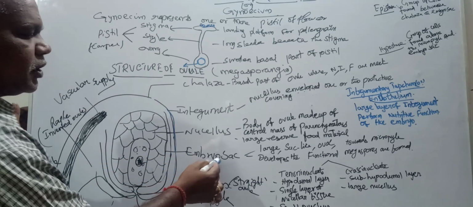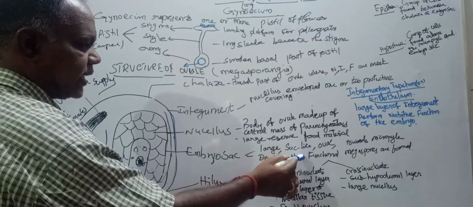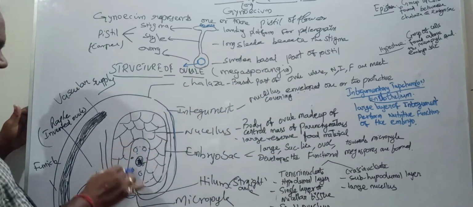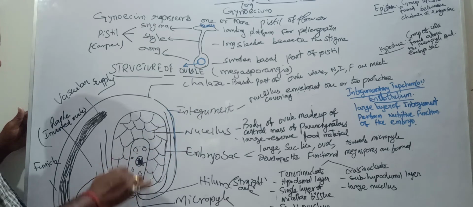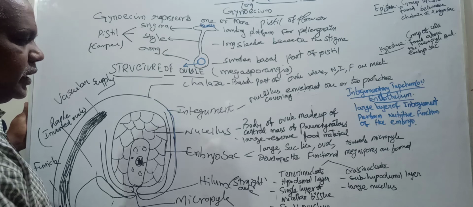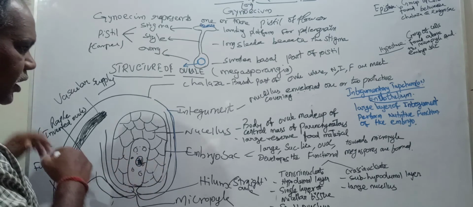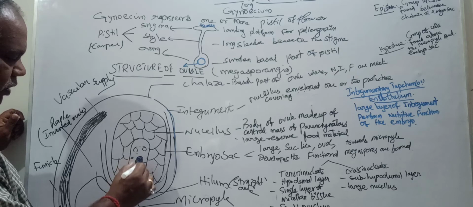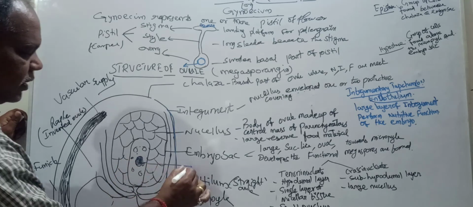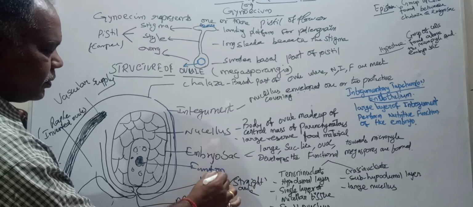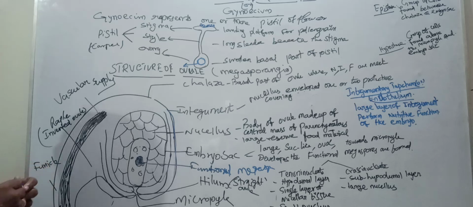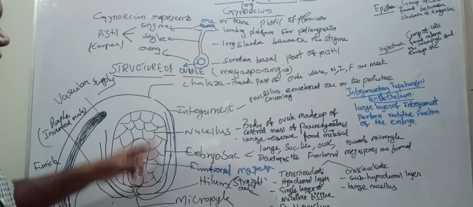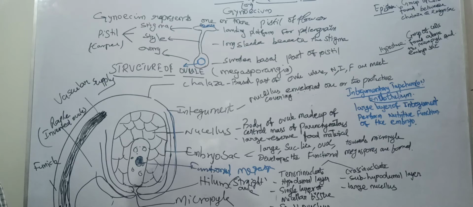What is the embryo sac? The embryo sac is a large sac-like structure in the ovule. Towards the micropylar end, the functional megaspore is formed. Only one megaspore is functional. The other end is the chalazal end. At the micropylar end, the pollen tube enters.